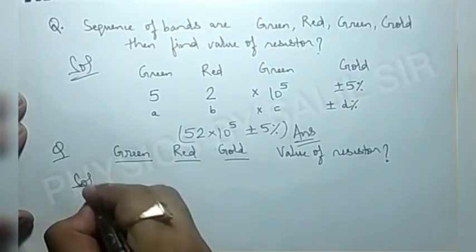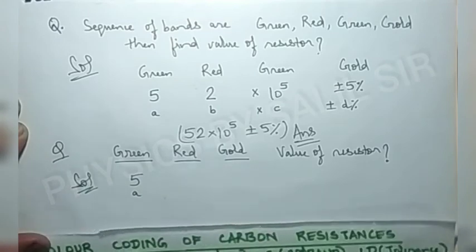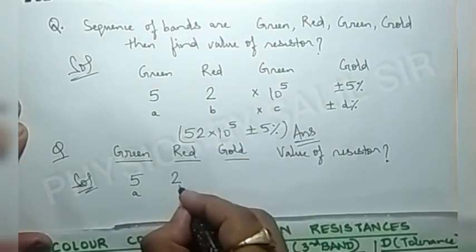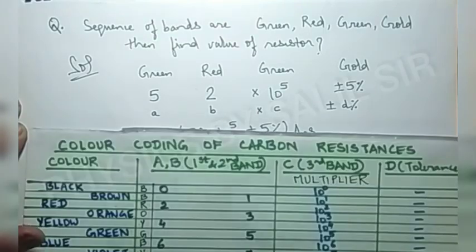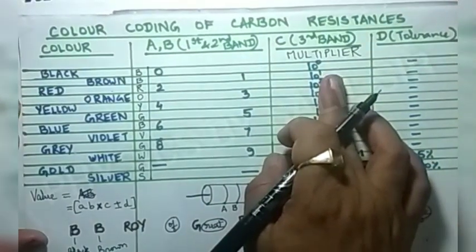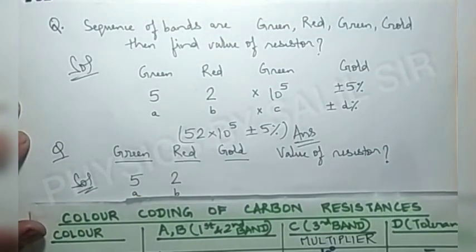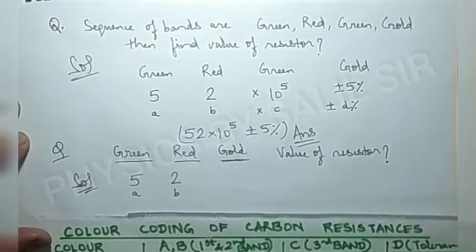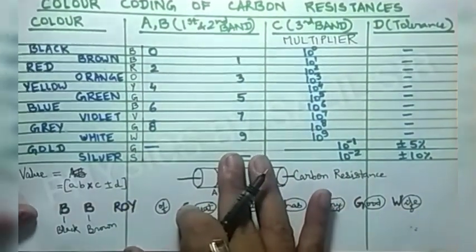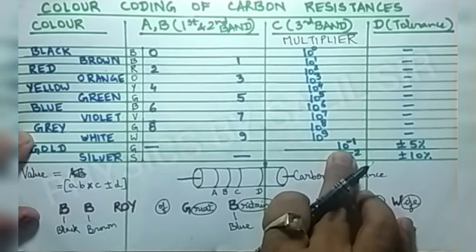So again, if we observe our table, for green it is 5, which is small a. For red it is 2, small b, and the third is the multiplier, and we are observing the third place as gold. So if we get gold in third place, then it will be 10 to the power minus 1.